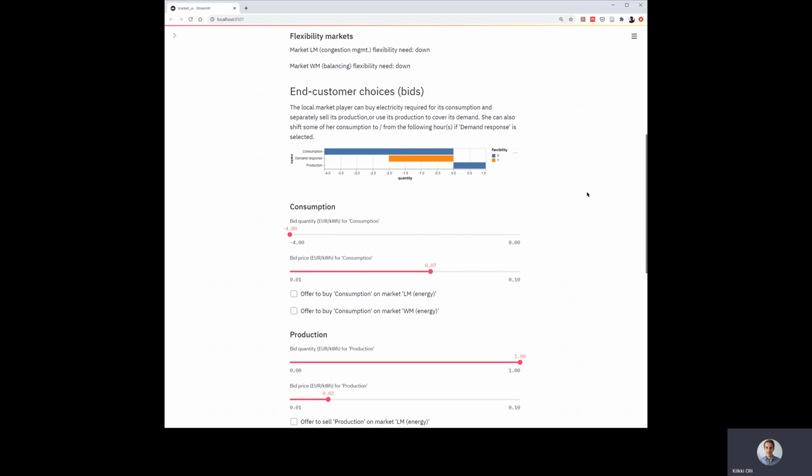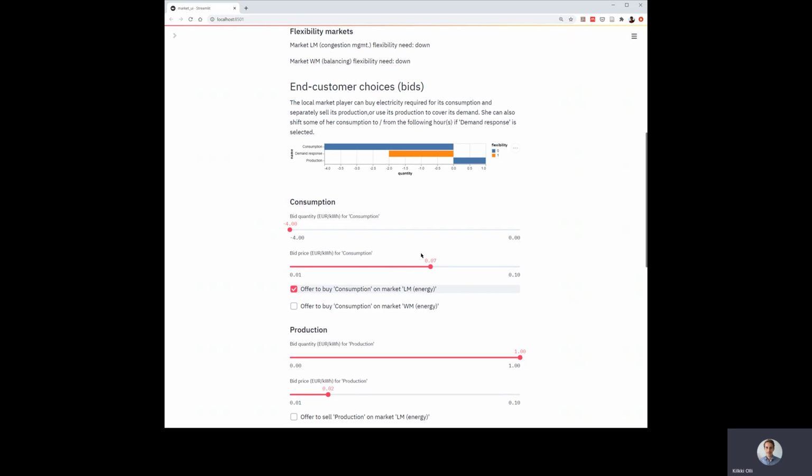The choices that are available to the end customer are now a bit more complex. In this case, we simulate that we can choose separately for each resource the quantity, price, and which markets to sell on. So for example, for this consumption, we can offer to buy it at this specified price on the local market. And if we don't get it, we can also buy the rest on the wholesale level.